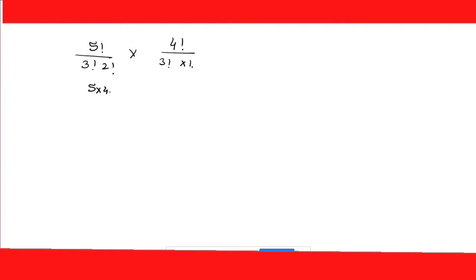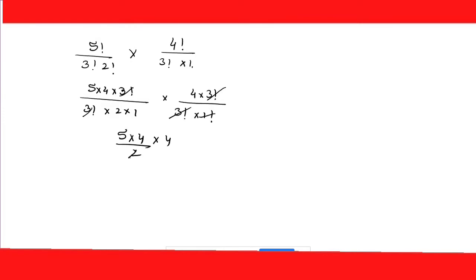So 5 into 4 into factorial 3, over 2 into 1, into 4 into factorial 3 over 1, factorial 3 is cut. So 5 into 4, 2 into 4, 2 2s are 4. So we have 5 into 8, that is 40. What's your answer? 80. What have you done? I abbreviated till 2, ma'am. 5 into 4 into 3 into 2 factorial, and then I cut it.